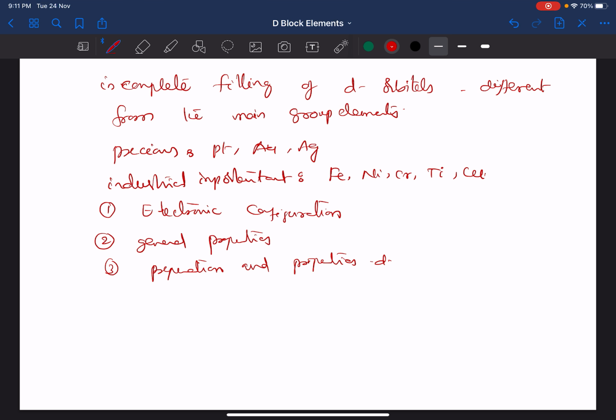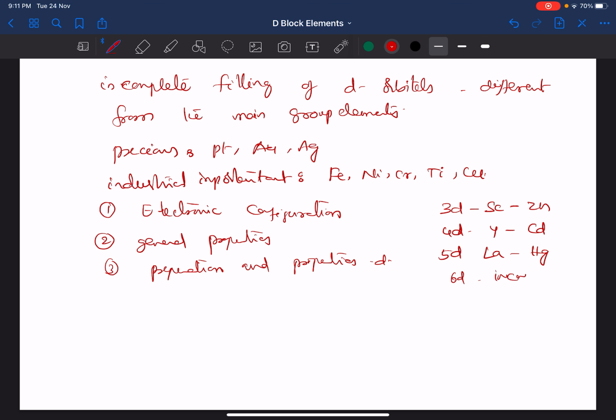So here we have the elements in the 3d series, that is from scandium to zinc, whereas in the 4d series they are yttrium to cadmium. In the 5d series it is lanthanum to mercury. The 6d series is incomplete.